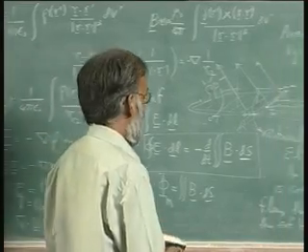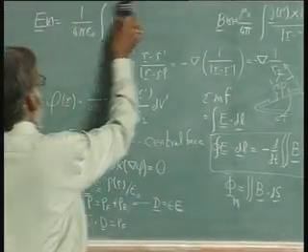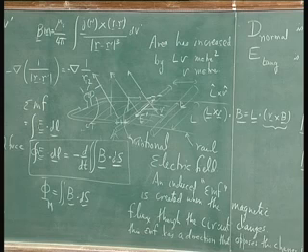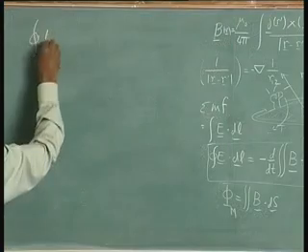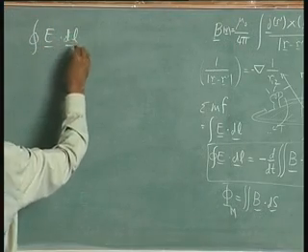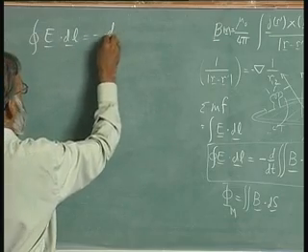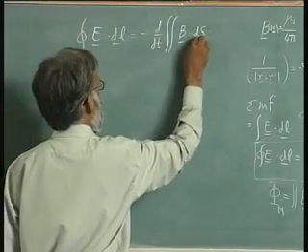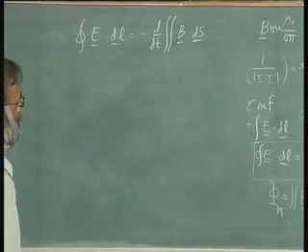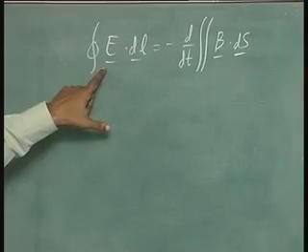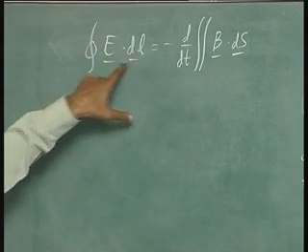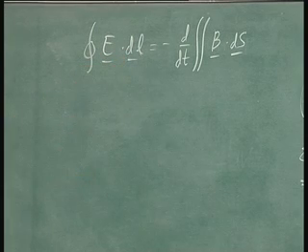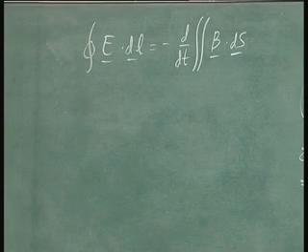Now, a little bit of mathematics and we are done. Loop integral of E dot dl is equal to minus d dt of surface integral of B dot ds. Now, I know everything about loop integral of something dot dl because we have already encountered it in Ampere's law.